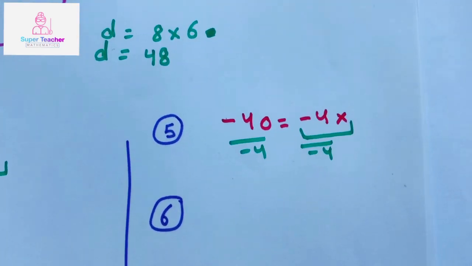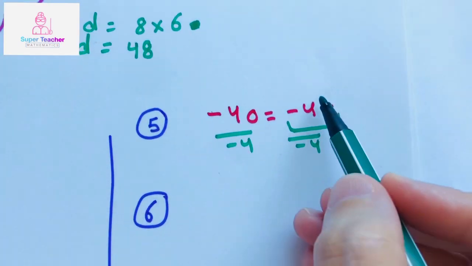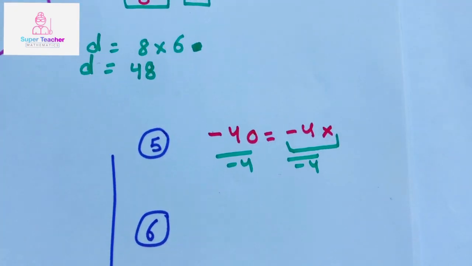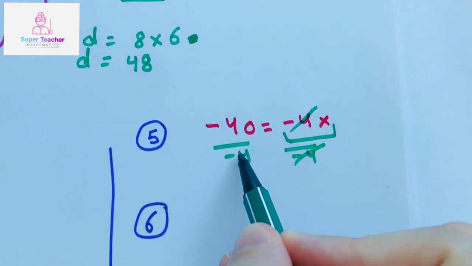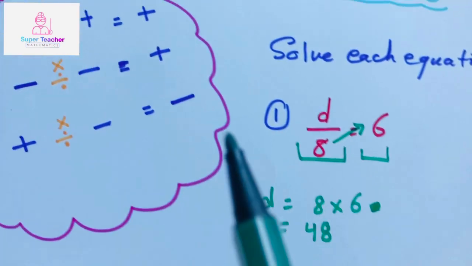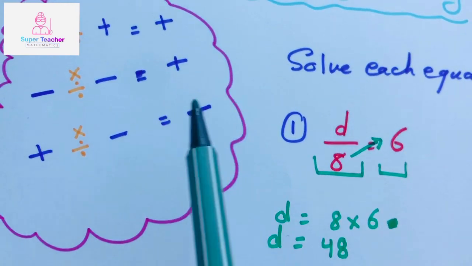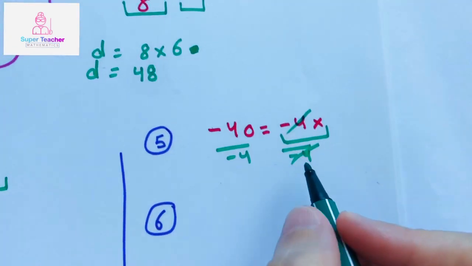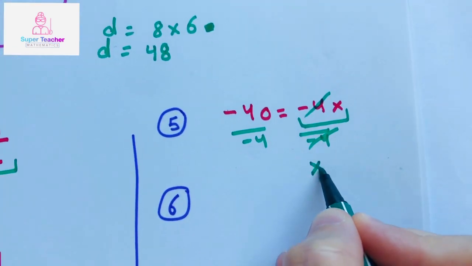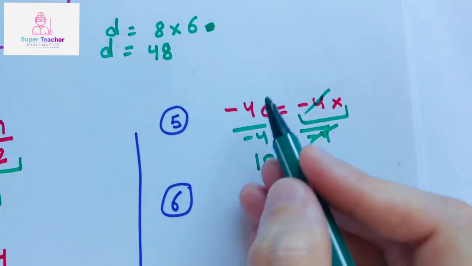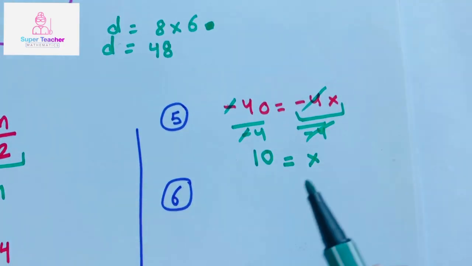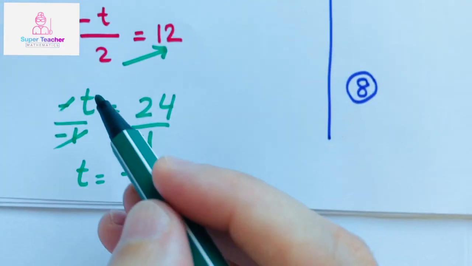Just look at the number on the same side as the variable. Now we cancel. -40 divided by -4. Let's go back here. Negative divided by negative, we will get a positive number. So keep the x at the same place. X equals 10. So the negative will cancel with the negative, like here when we divide the negatives together.